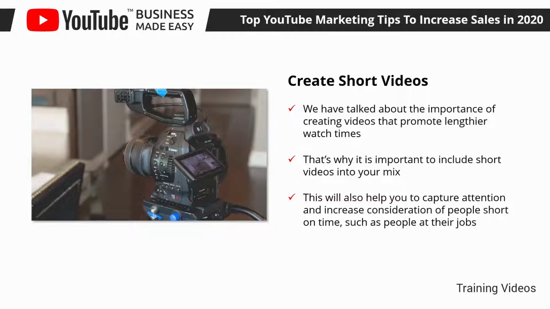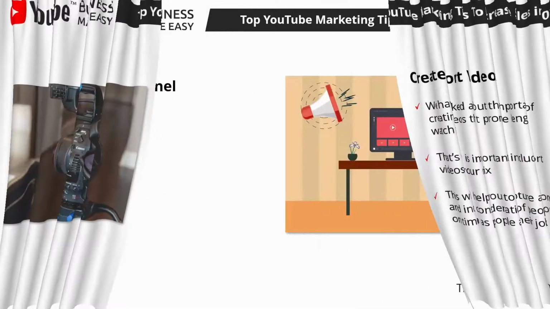This will also help you to capture attention and increase consideration of people short on time, such as people at their jobs. These people are more likely to make urgent decisions, and if you create a video series to showcase your products, then you're more likely to drive a sale from those prospects.